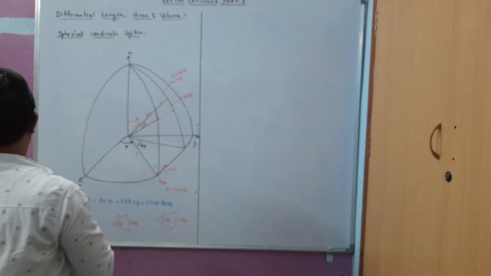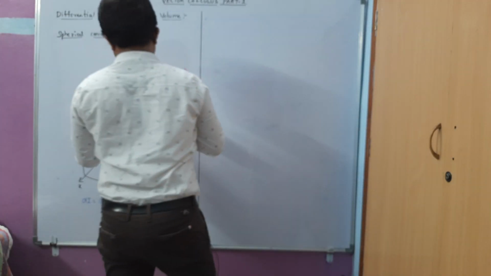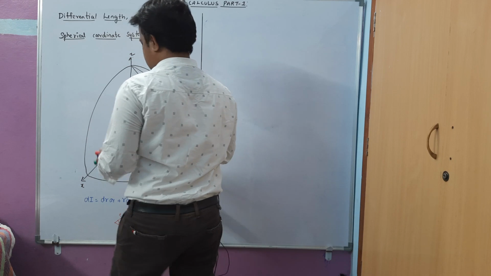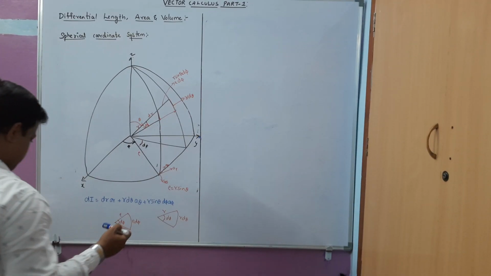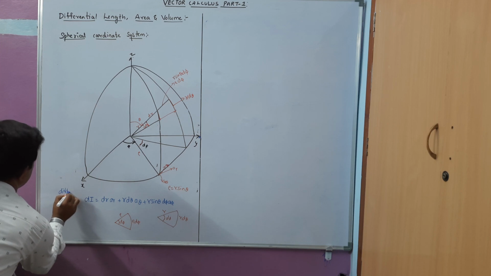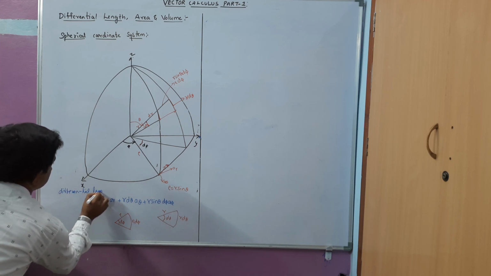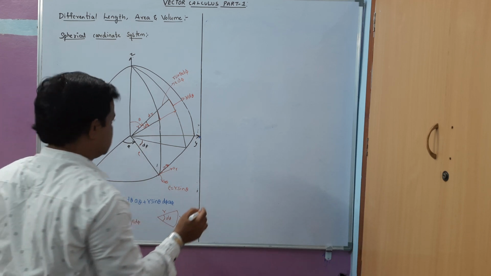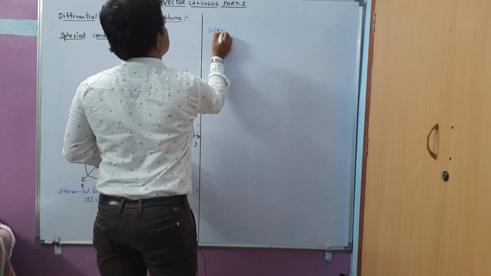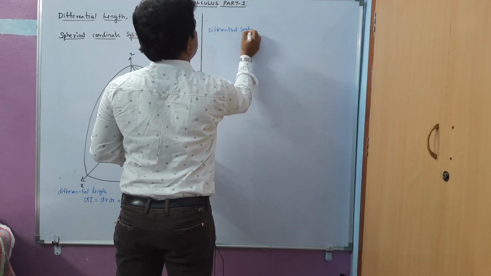So now we have to draw the elemental surface area here. This is the elemental differential length. Next, the differential surface area, or elemental surface area.